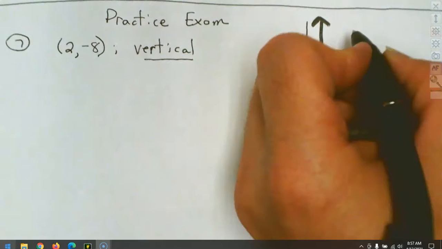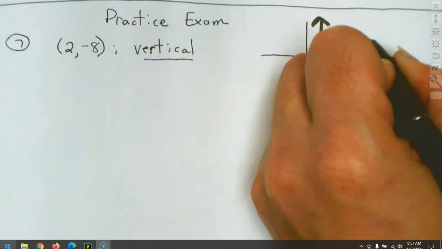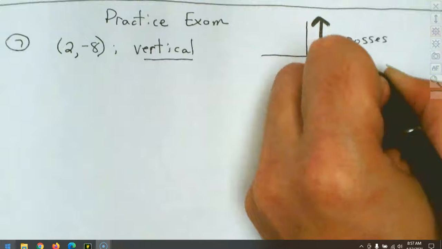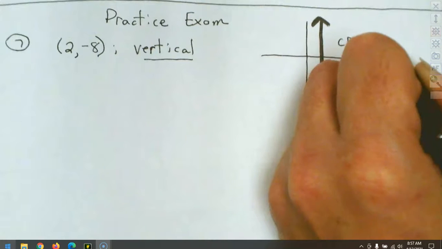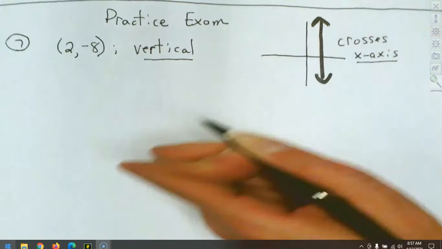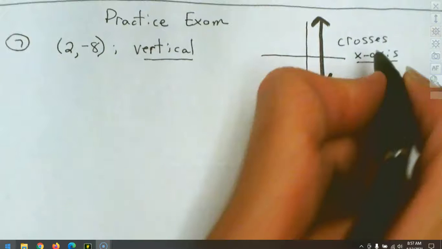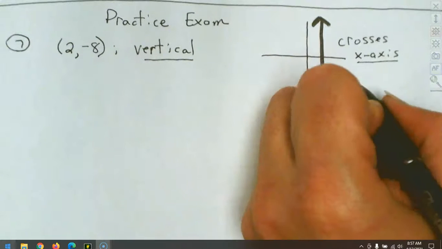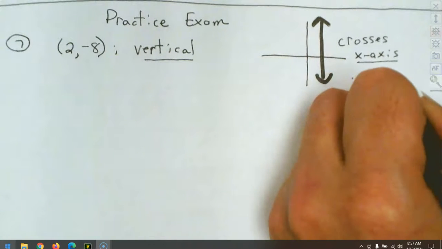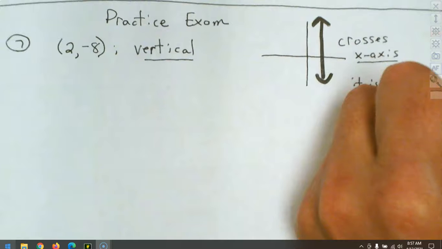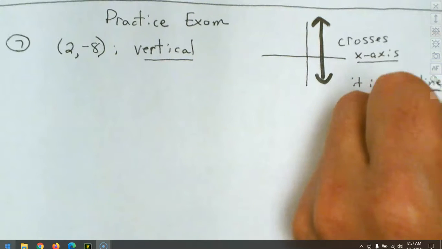That vertical line crosses the x-axis. And since it crosses the x-axis, it's going to be an X line. If you forget which is which, draw a picture.